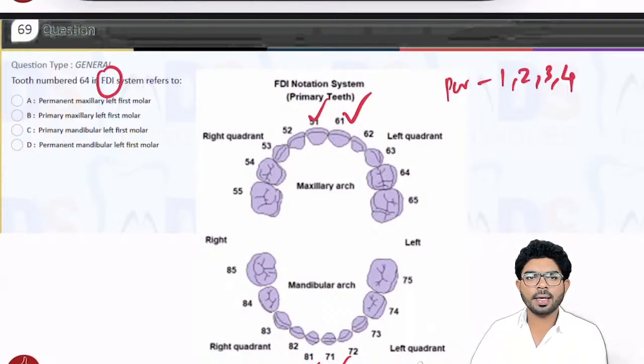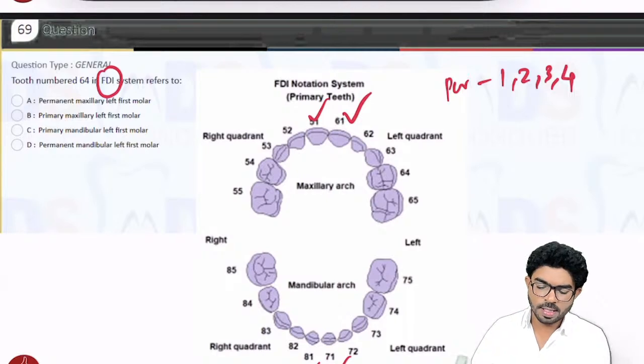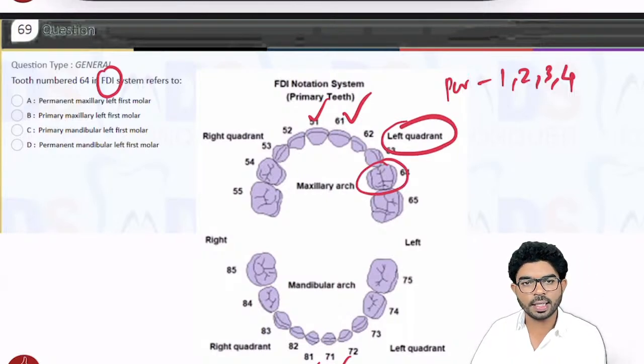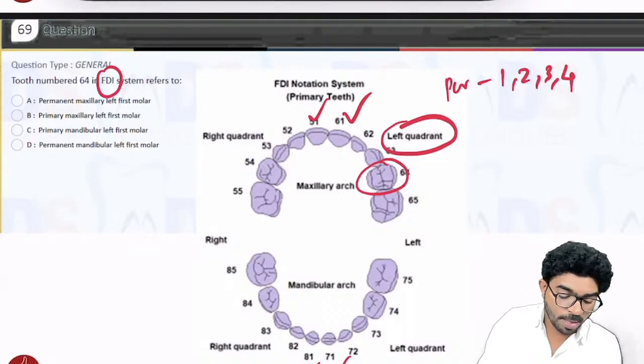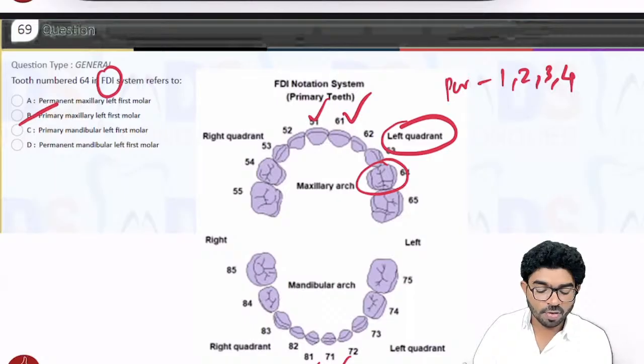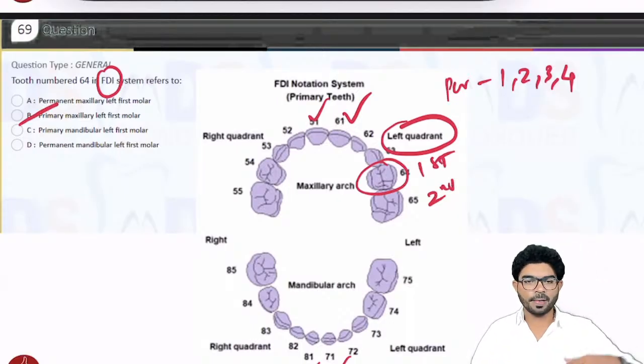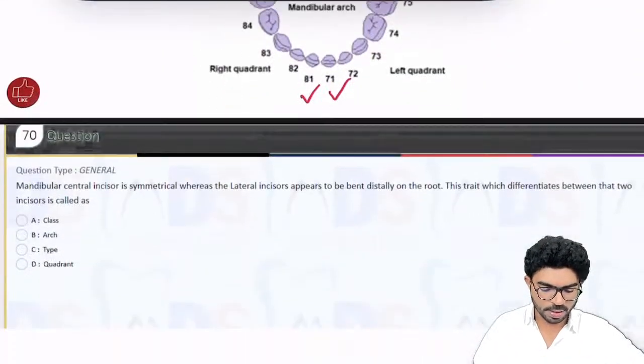Now the question is about 6-4. 6-4 is the primary maxillary left quadrant first molar. You can see this is the first molar, and 6-5 is the second molar. Simple, straightforward and easy question.